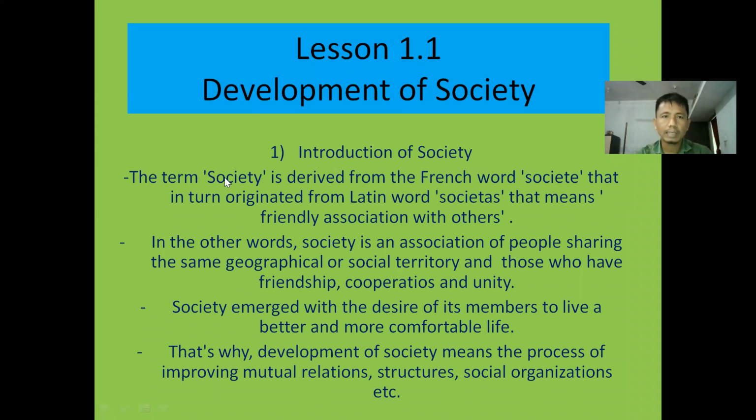The term society is derived from the French word. You have studied this line several times, right? In your different classes, in your previous junior classes also. The term society is derived from a French word. In French, it used to be written and read like this: societe, S-O-C-I-E-T-E.